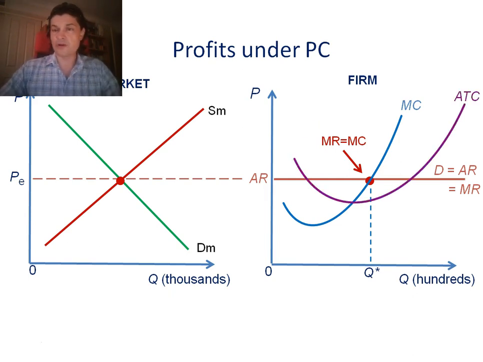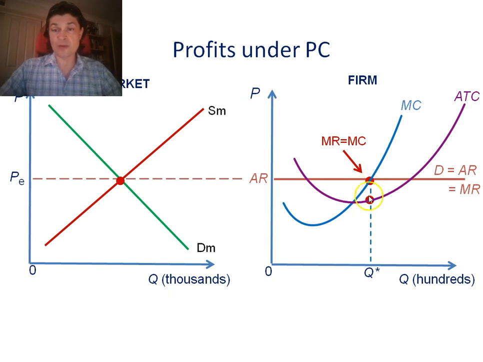So let's just draw our average total cost. And as you can see, the lowest point is sitting on marginal cost, but we're not interested in that point at the moment. We're interested in what our average total cost is going to be at the level of output Q star, or this point here.